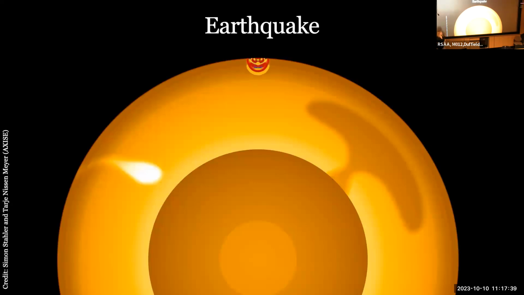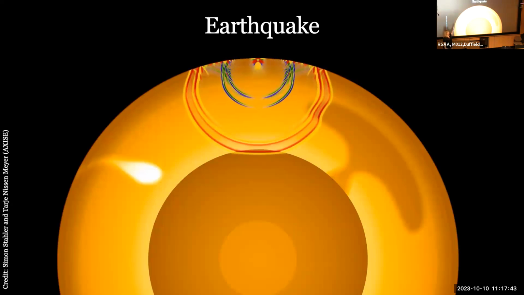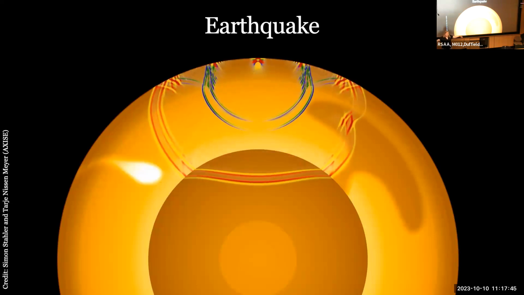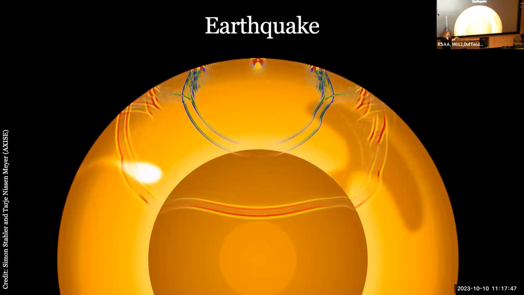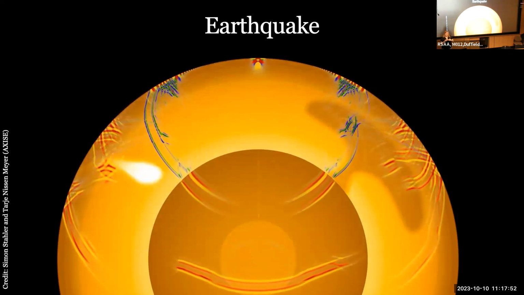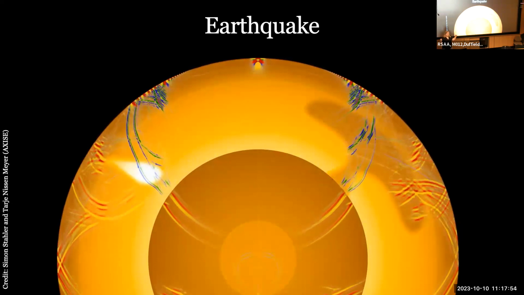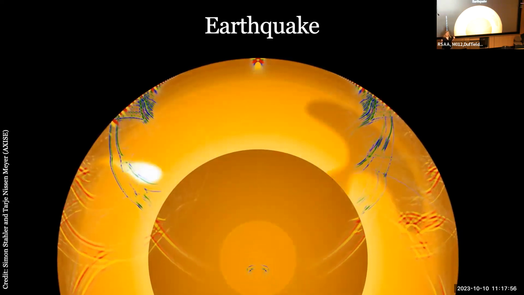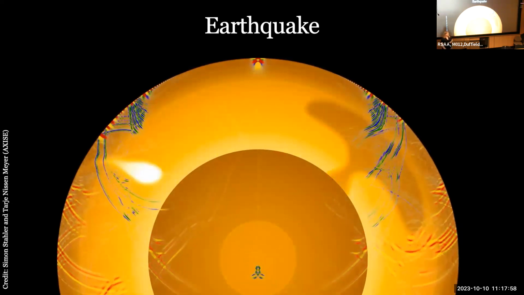So using that analogy, what happens when we have an earthquake occurring on the Earth, it sends waves that propagate throughout the interior of the Earth. And when it's hitting regions of different densities, those waves will bend and arrive at the surface at different positions than we would otherwise predict.